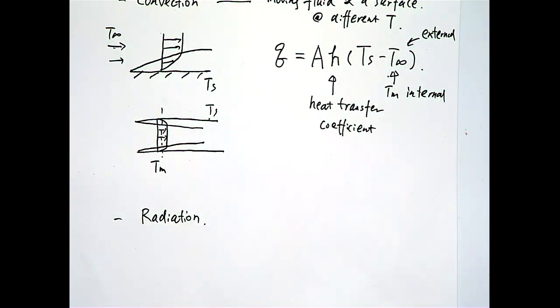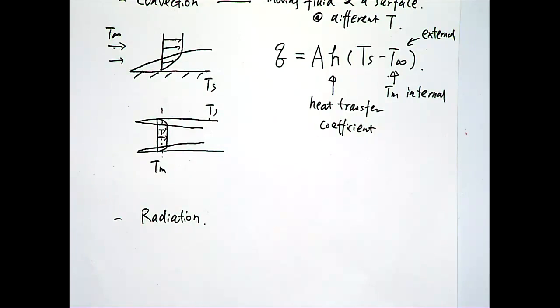Radiation, as we briefly mentioned last time, is a fundamentally different way that energy or heat is transferred. If you consider conduction and convection: in conduction, you have a medium which has different temperatures on the two sides.